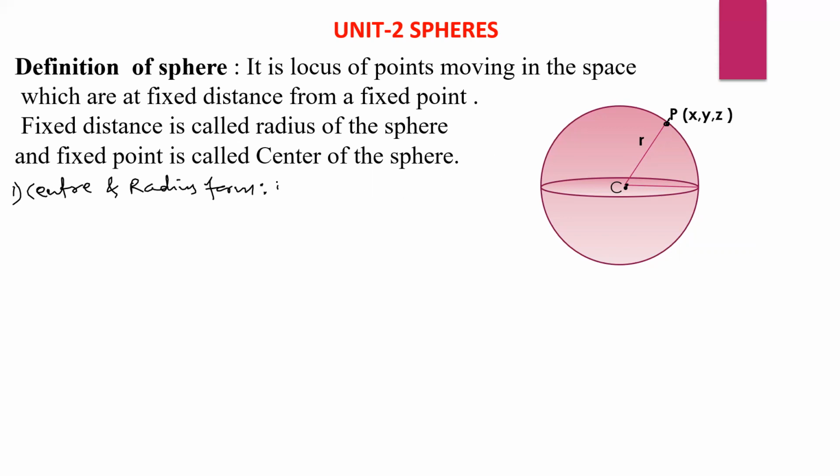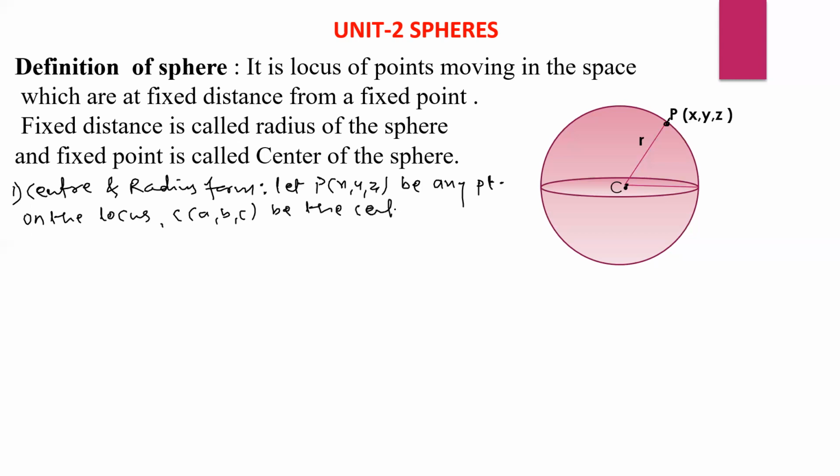So first let P(x, y, z) be any point on the locus, C(a, b, c) be the center of the sphere, and small r be the radius.